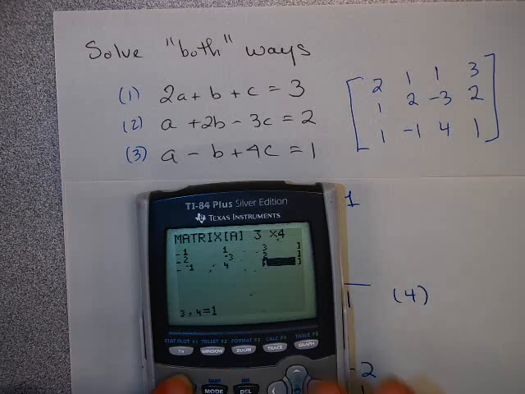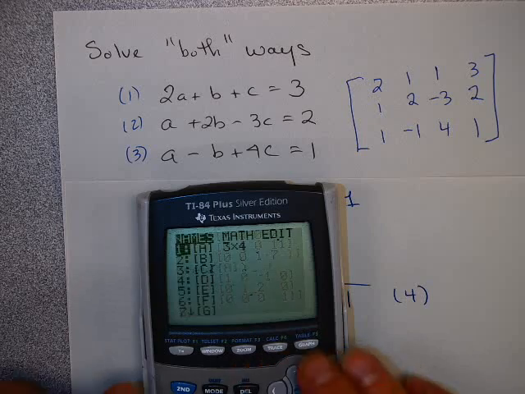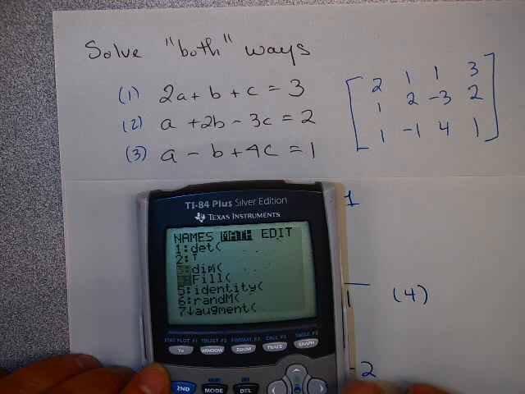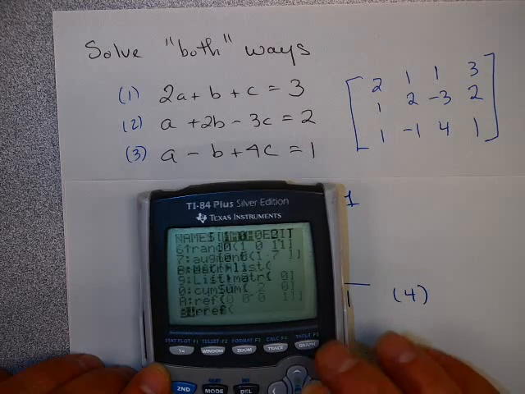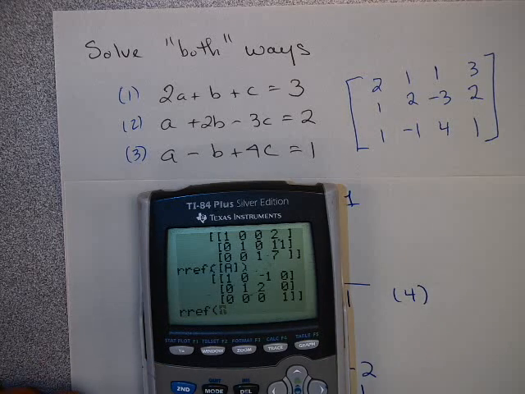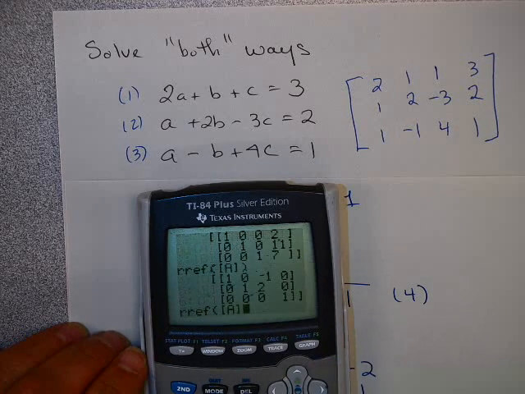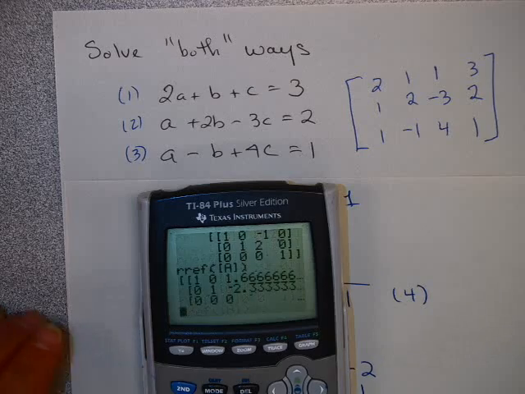Okay? Quit. Second matrix, go over to math, go all the way down to B, hit RREF, then second x to the minus 1, select the first one, hit enter.